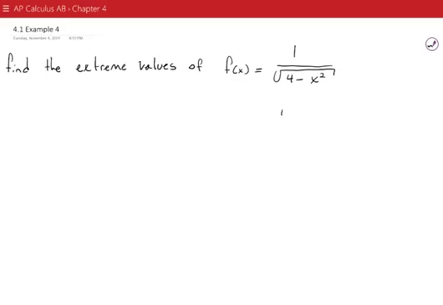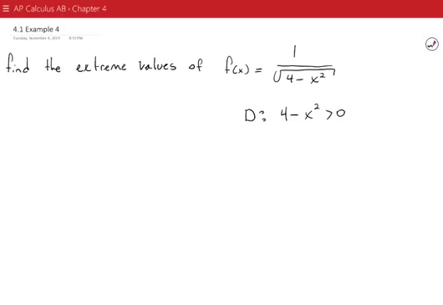So we need only values in the radical that would be greater than or equal to 0. But now because we have 1 over that, we can't include 0 either because that would cause division by 0. So our domain is subject to that condition.